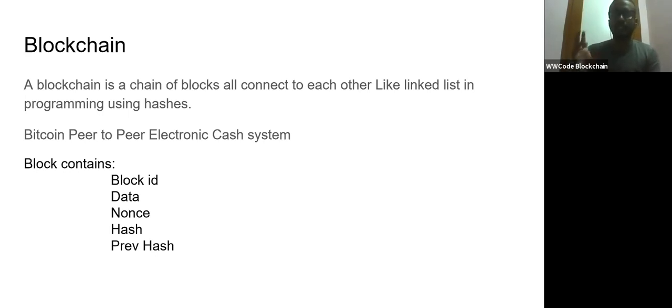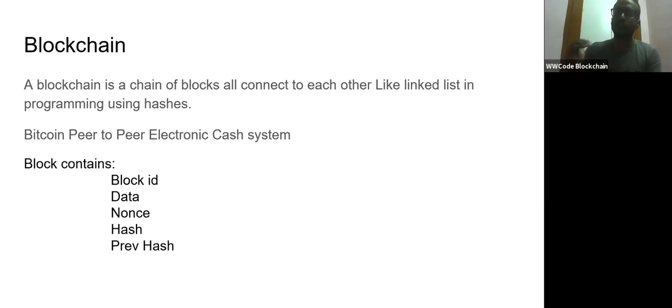In case the second block has some transaction, the second block has one hash. That hash is connected to the third block, which generates its own hash. That hash is connected to the fourth block, so every hash goes to the next block.